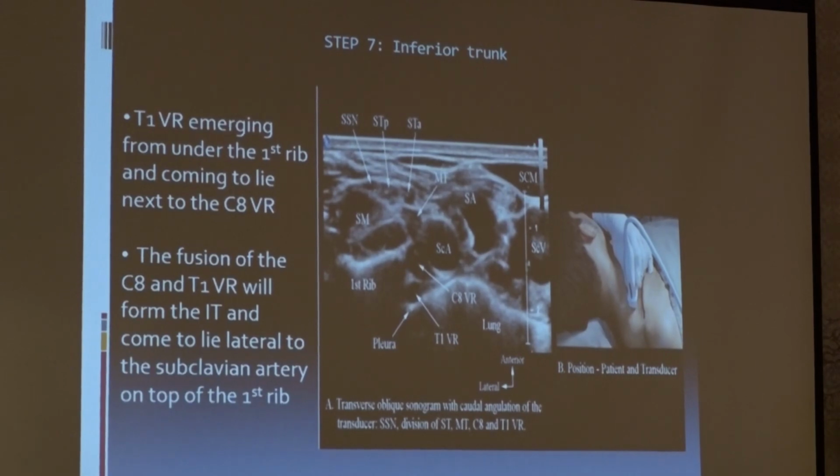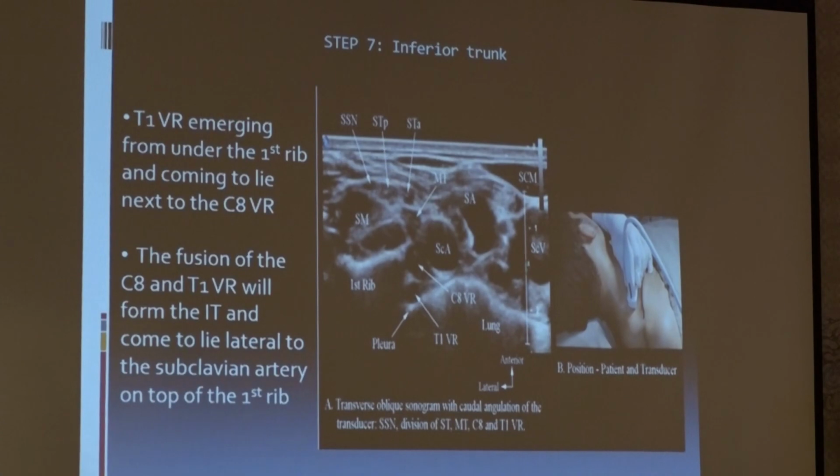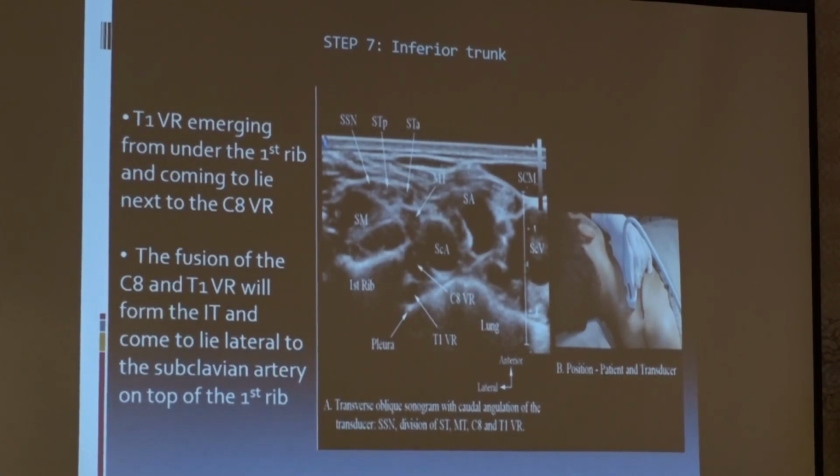The inferior trunk is formed by the fusion of the C8 and T1 ventral rami. The T1 ventral ramus emerges from under the first rib and comes to lie next to the C8 ventral ramus. Okay, so this is the second injection after we inject the middle and superior trunk.